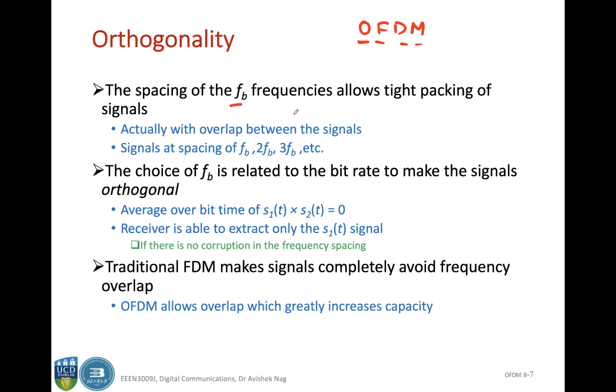So the spacing of the frequencies allows tight packing of the signals, and actually these spectra overlap. The choice of spacing is related to the bit rate to make the signals orthogonal. So this is important.